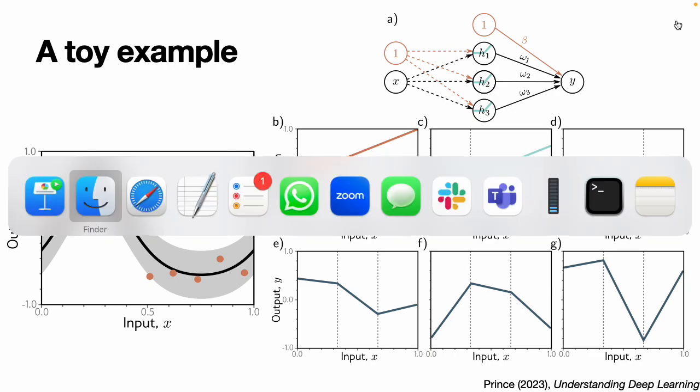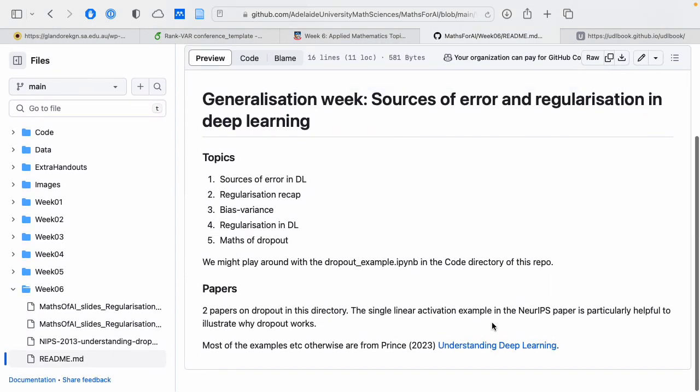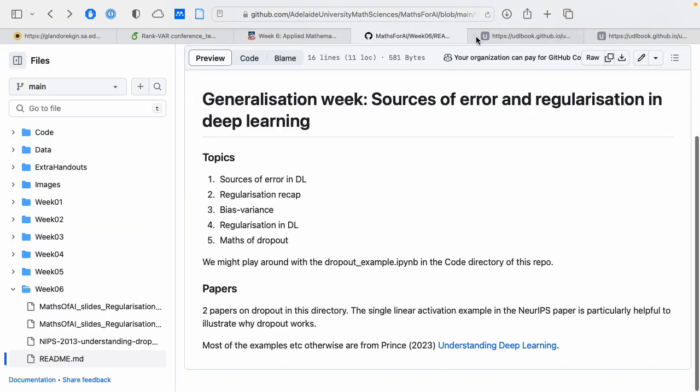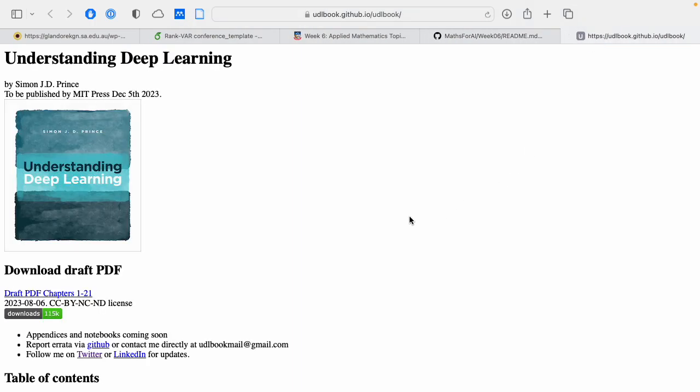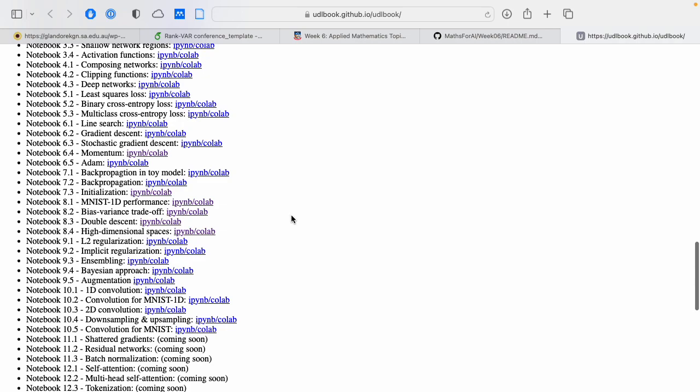Here's something that you should do. If you go to the course GitHub, go to the website for this, and scroll down, this is on chapter 8.